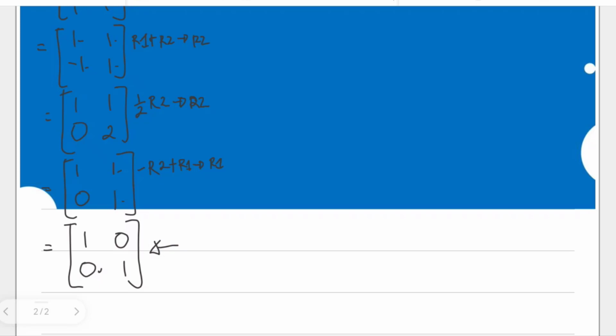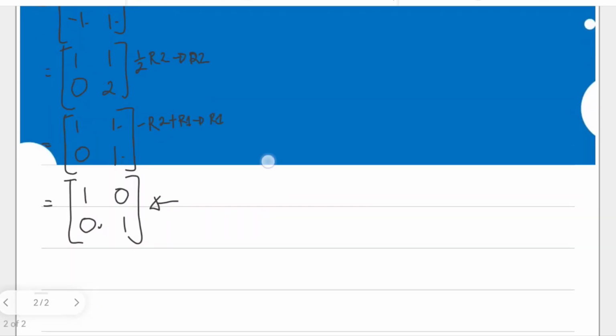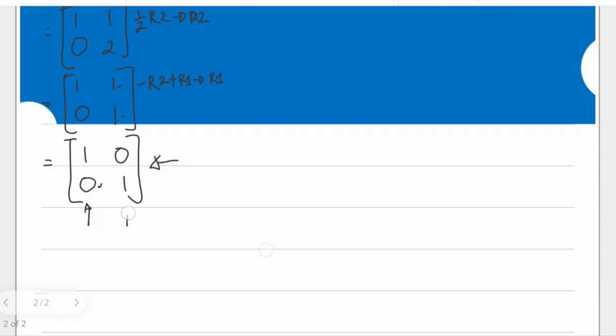And as you can see, both columns, this column here and this column here, contain a leading 1.